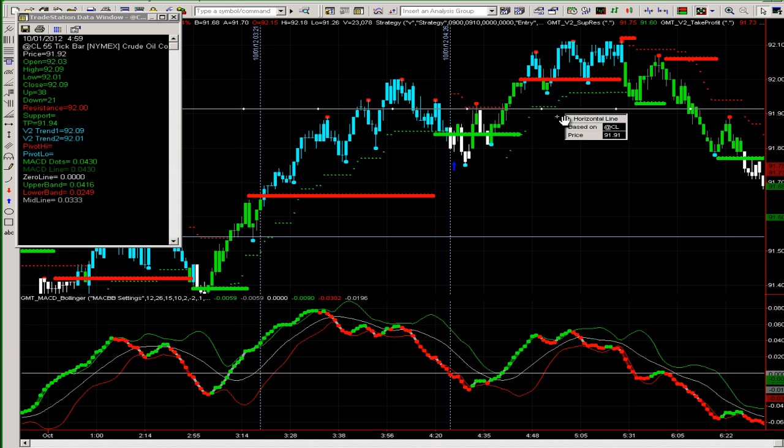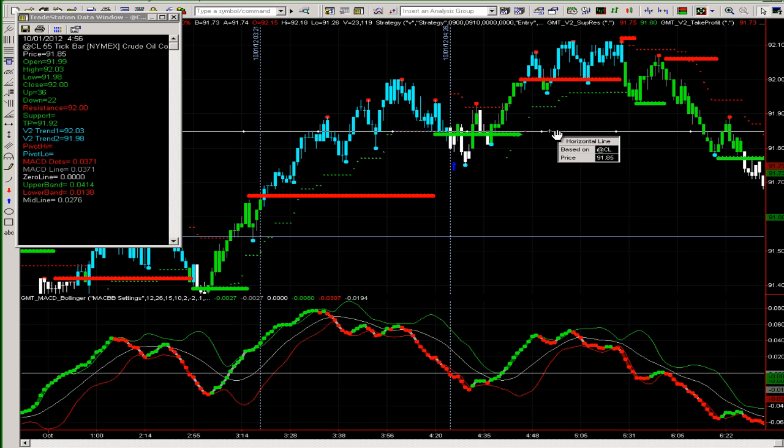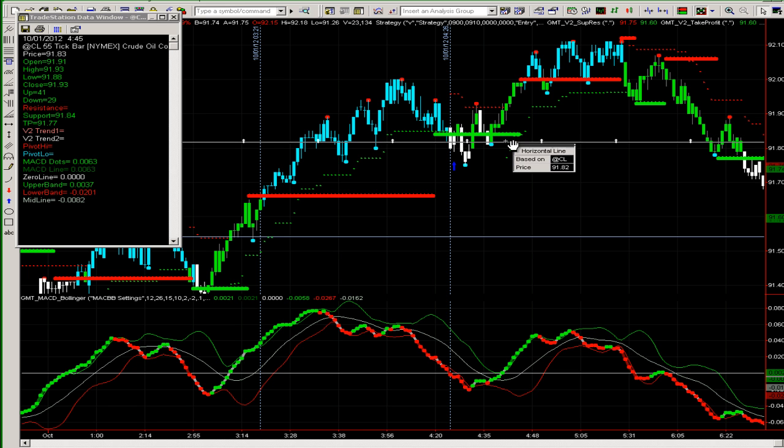Now what would happen typically is that if the green dots came back into play and price was below the stop, because here's 85, so 91.80. See how price is above the stop?